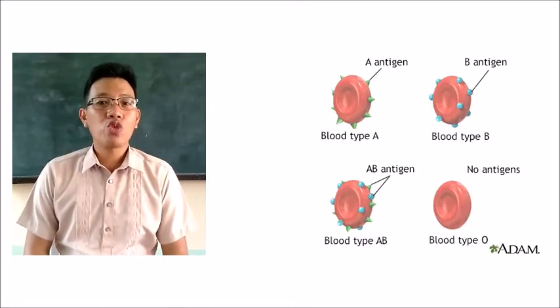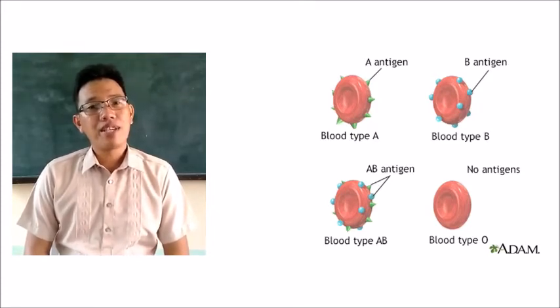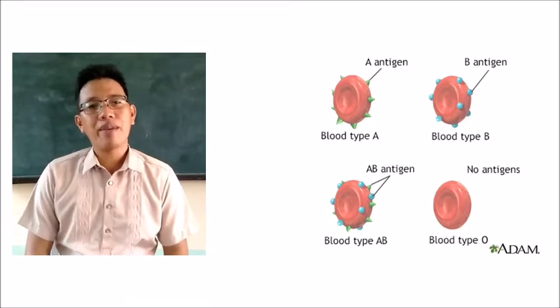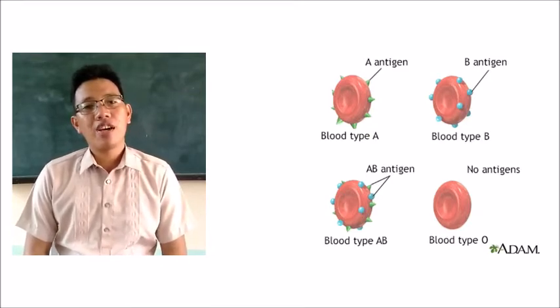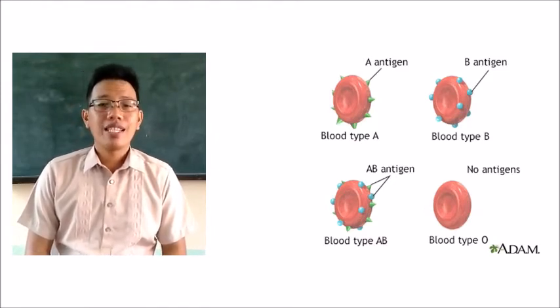The presence of these 2 antigens identifies the phenotypes of the blood types. So, for blood type A, there is the A antigen. For blood type B, there is the B antigen. For blood type AB, there is both the presence of the A and the B antigen. However, if there is absence of both antigens, this is called blood type O.